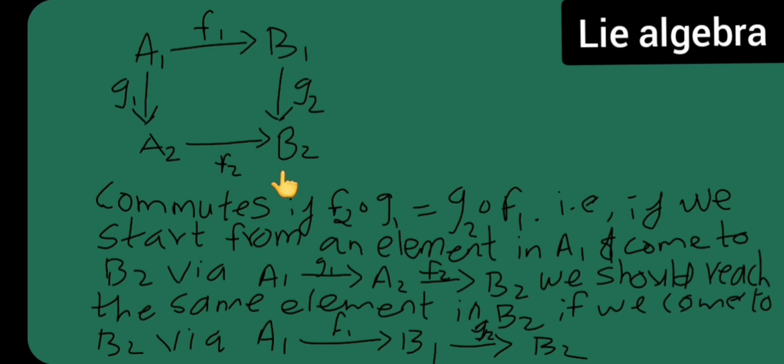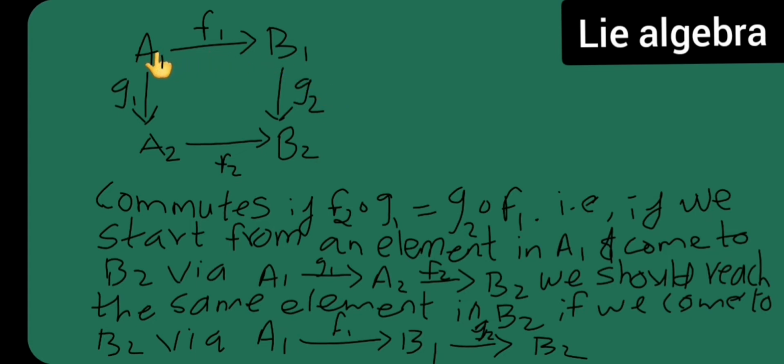So G1 goes from A1 to A2 and then F2 will be going from A2 to B2. We should reach the same element in B2.